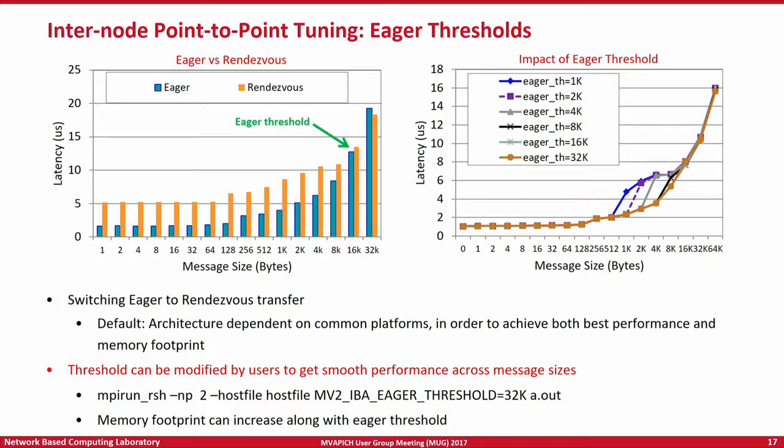The HCA then asynchronously copies the data from it and transmits it to the remote host. To store these messages internally, you need a lot of internal communication buffers, and the sweet spot is determined based on the size of these internal communication buffers. For most modern HPC systems, this sweet spot is around 16K. That's what we have seen.